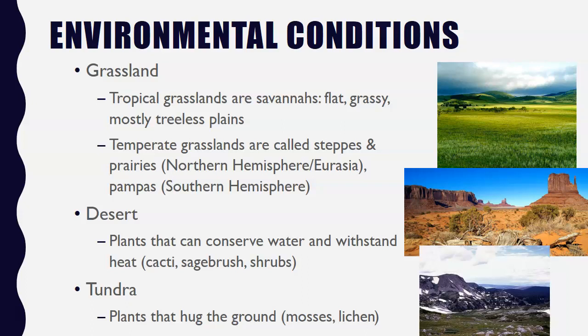Another biome is a desert, and deserts generally have plants that are specifically adapted to tolerate dry and or cold conditions. And tundras are very similar to deserts in that they're also specifically adapted to tolerate dry and cold conditions. In the tundra, plants are generally really close to the ground. They tend to hug the ground.